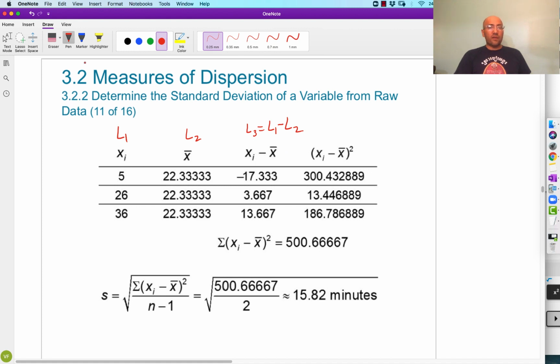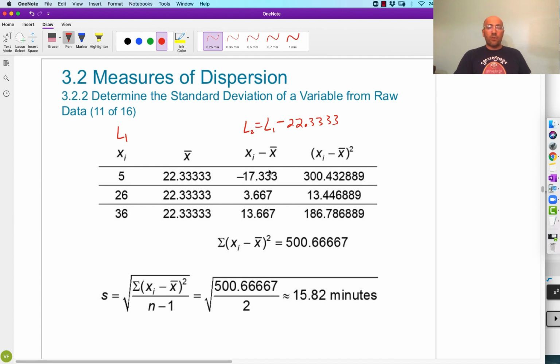Now, if you want to save yourself a step, the way I've been doing it is I don't even bother putting this in there. I can just skip that and go over here, and to get these results, I'm going to do L2 equals L1 minus the 22.3333, right? I put it in there. Either way is fine.